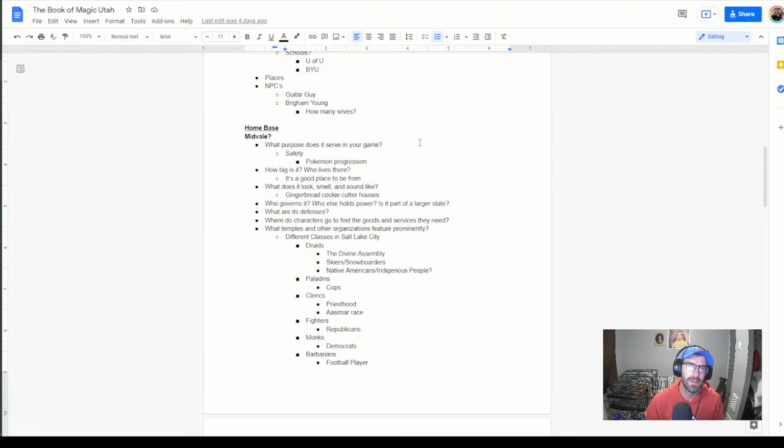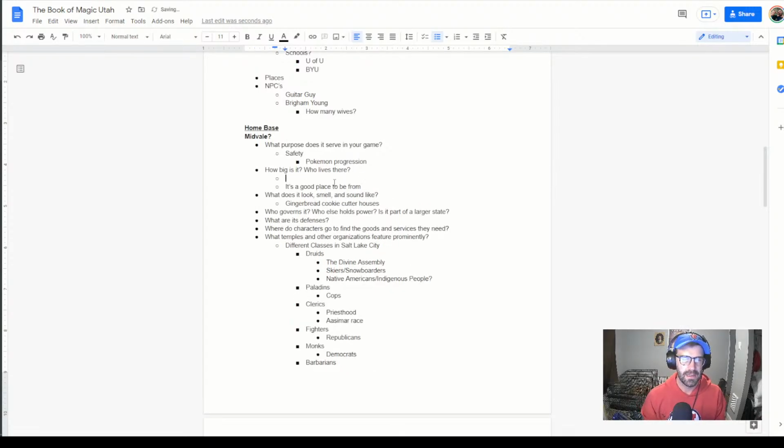So yeah, I want it to be like a safe home base, like a haven for people to come to whenever they want a break from the city. I think initially most of the stuff that will happen for quests will move people to the city of Salt Lake. So I want Midvale to be a place they can always come back to and always be safe when they return.